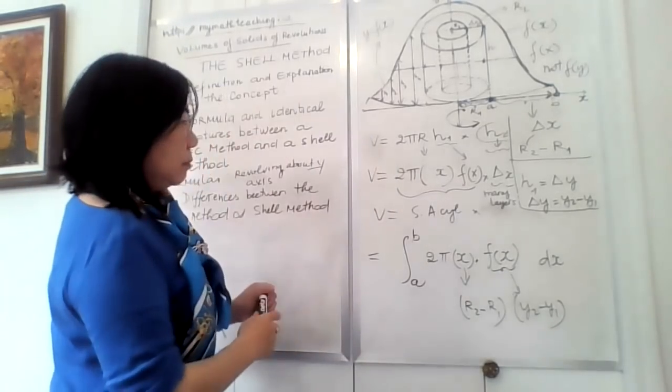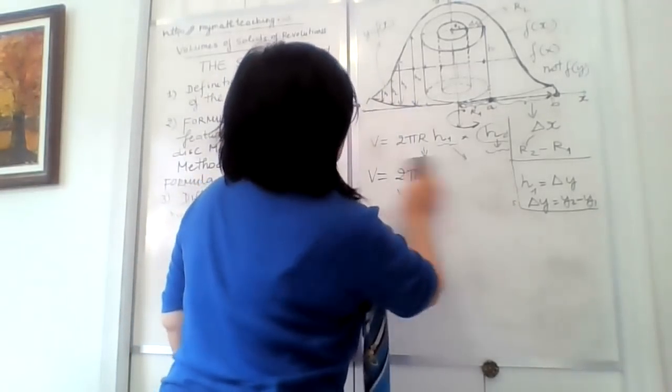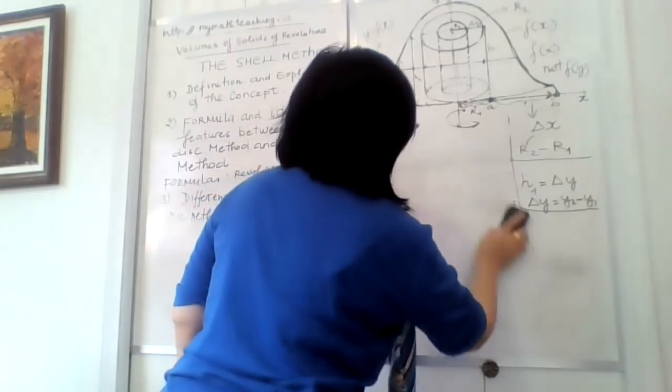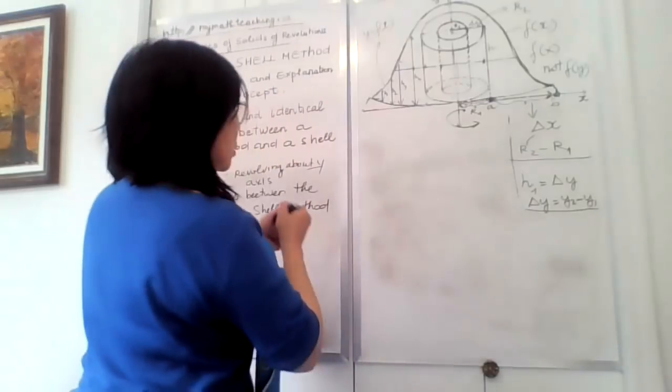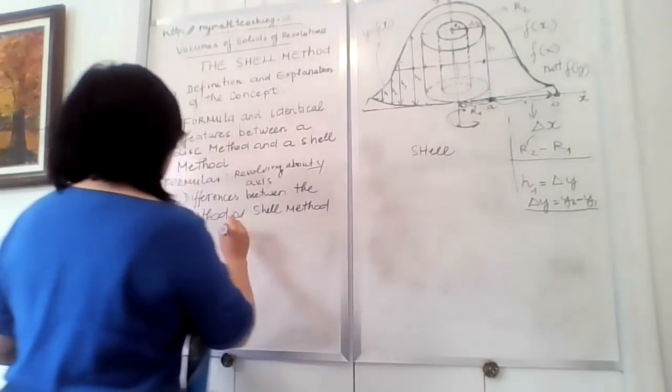So let's divide the bar here by 2. Here is a shell, and here is a disc.